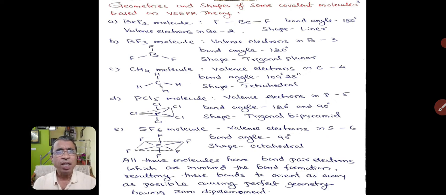Next we take the PCl5 molecule, where phosphorus is the central atom and five chlorine atoms surround it, leading to a trigonal bipyramidal shape with two bond angles: 120 degrees in one plane and 90 degrees above and below the plane.